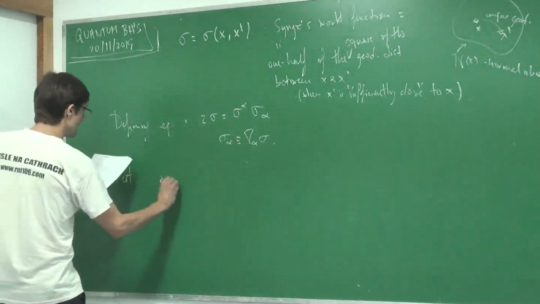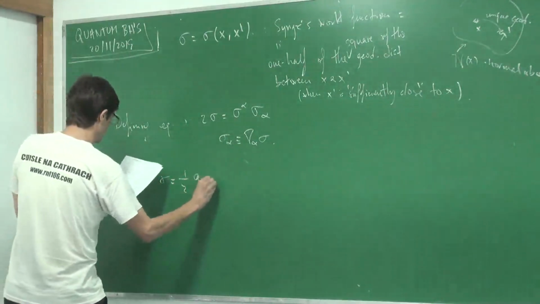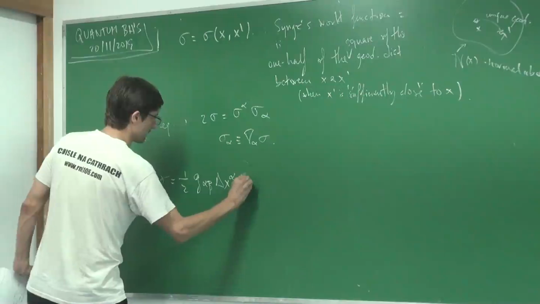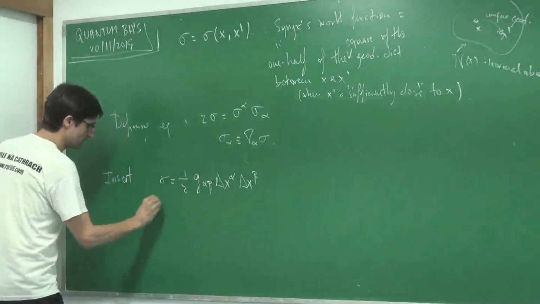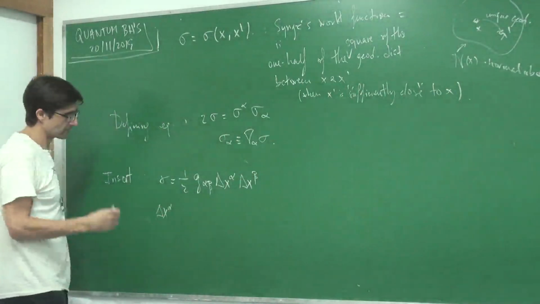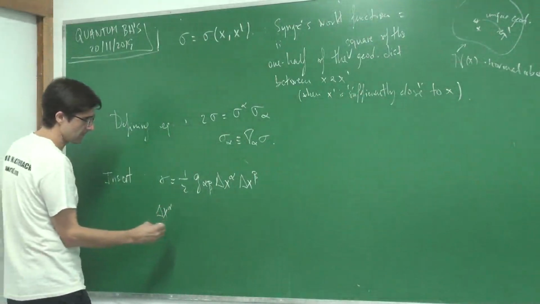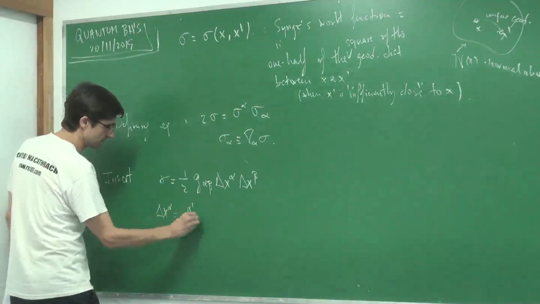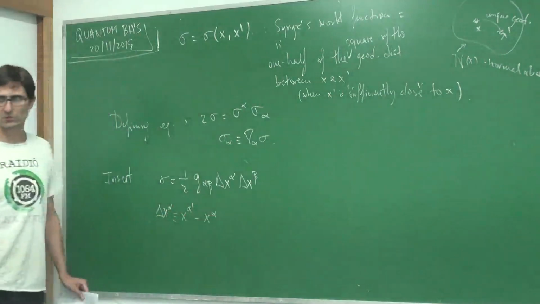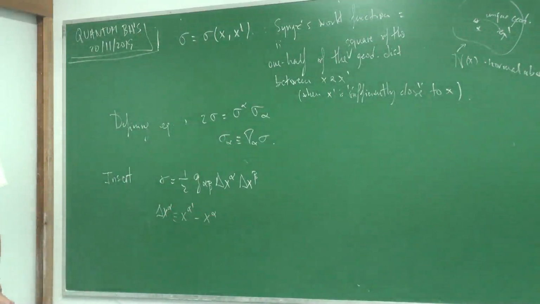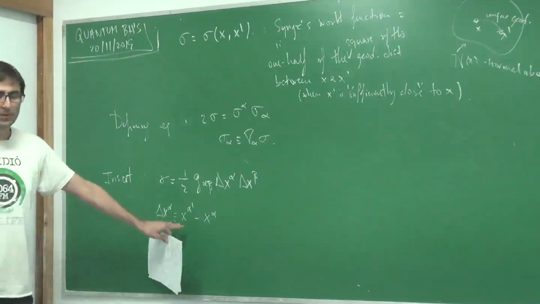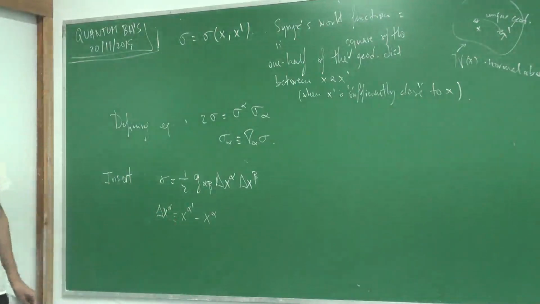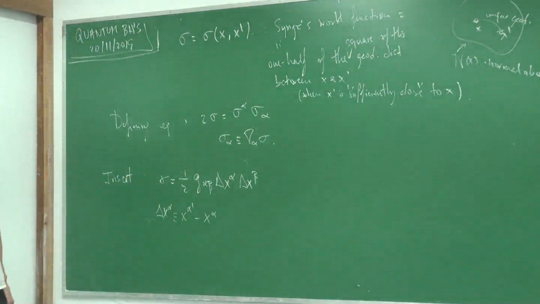So you insert sigma, so delta x alpha is x alpha prime minus x alpha. It's the alpha coordinate of the point x prime minus the alpha coordinate of the point x.